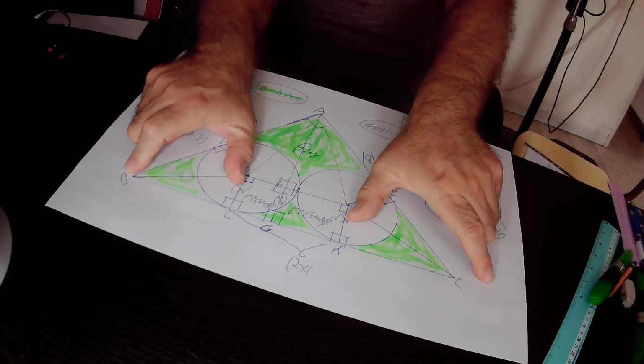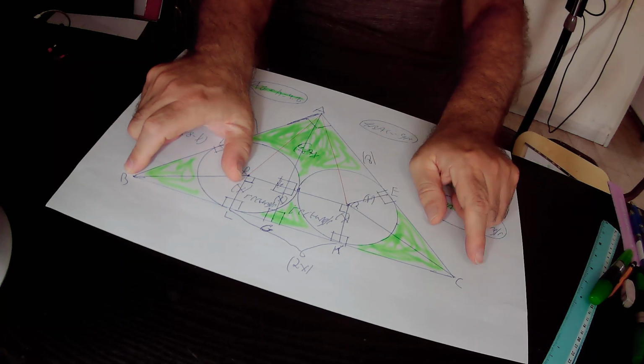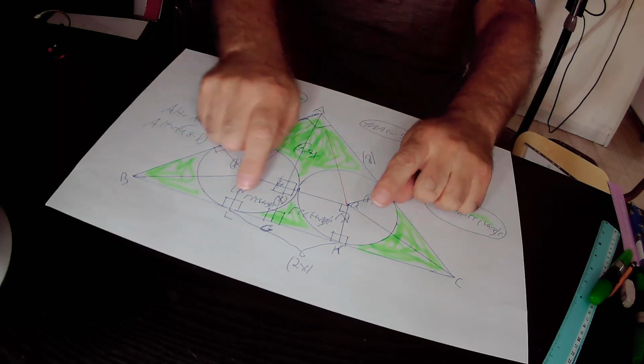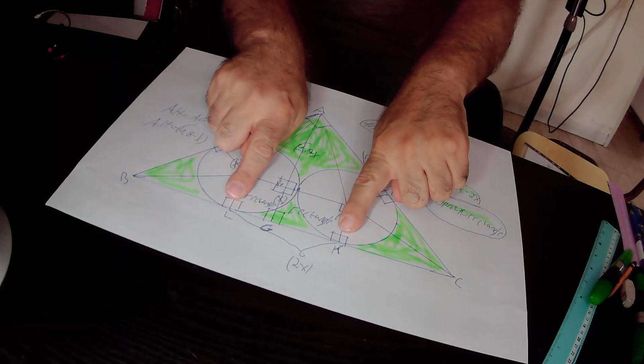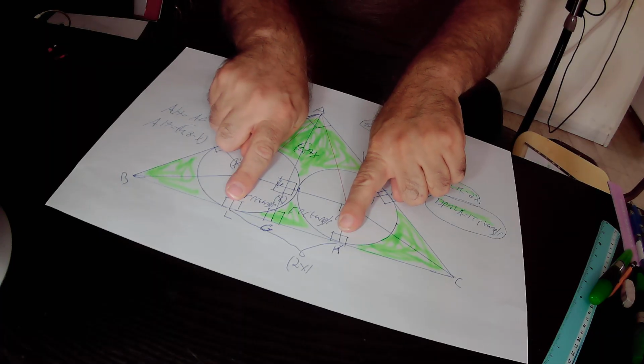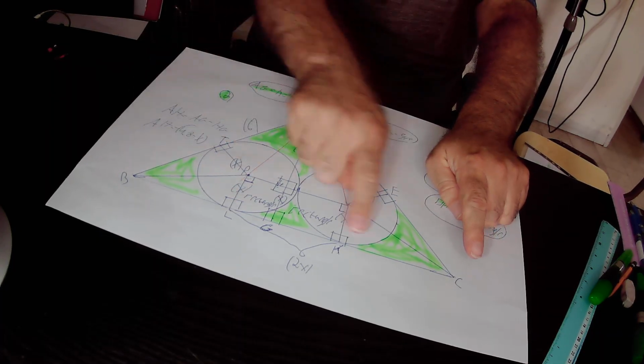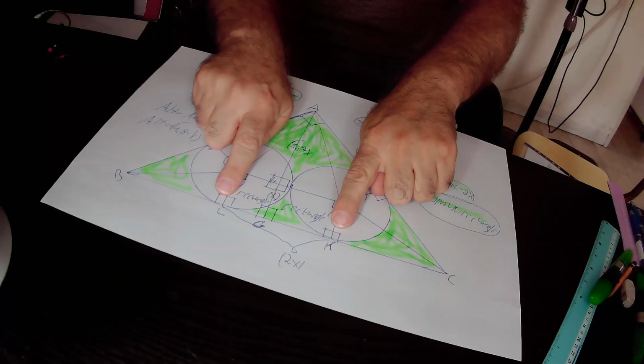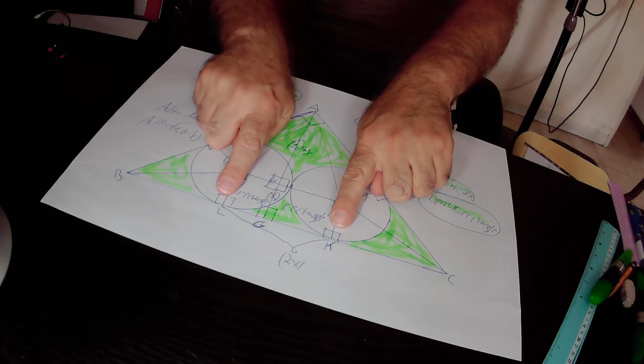On the drawing, it is very easy to see that if you remove from side BC this line segment LK, we get what is left, BL plus KC. Again, if you remove from BC this line segment LK, we are left with only BL plus KC, and therefore BL plus KC must be equal to BC minus LK.